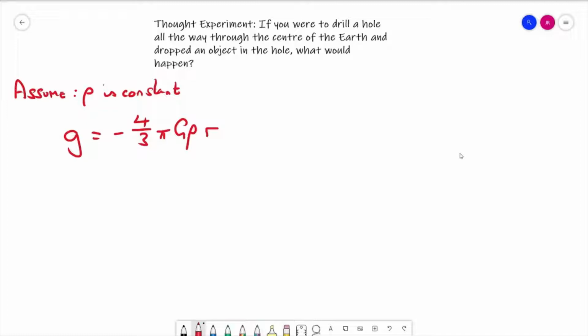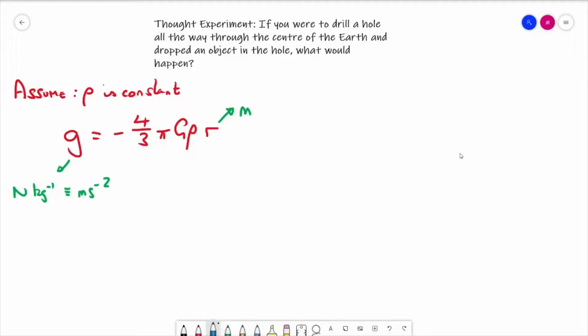Now, with this equation, if we just have a look at the units for a moment, we obviously know that the unit of r is going to be metres, and the unit of g is newtons per kilogram. But obviously, we've shown in previous videos that that has an SI base equivalent of metres per second squared. In other words, it can be treated as an acceleration.